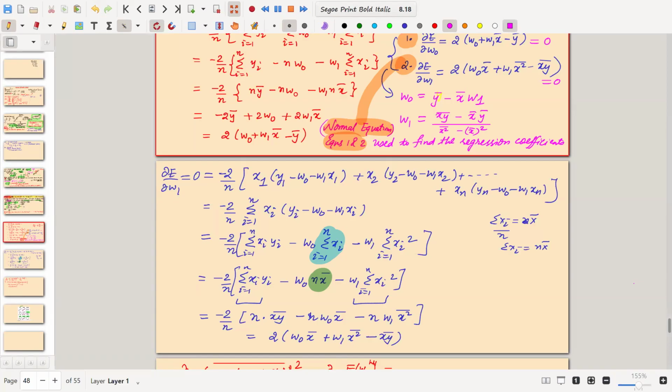Agree? Can you see carefully what is going on here? It is a very nice formula.